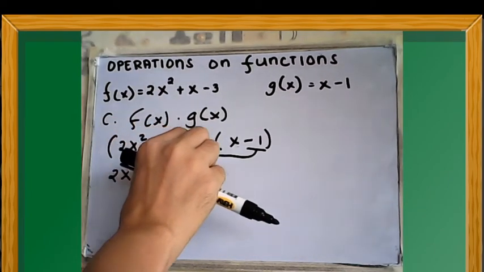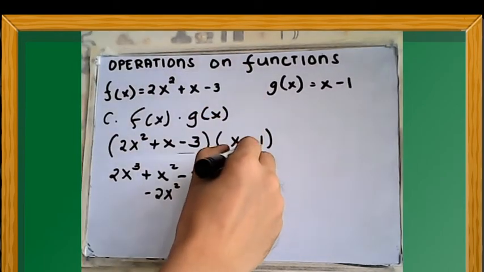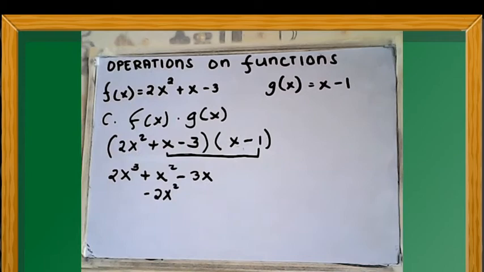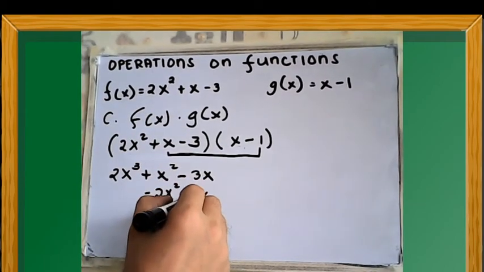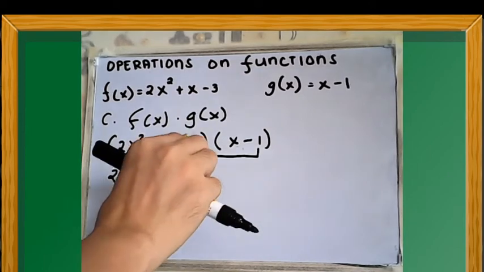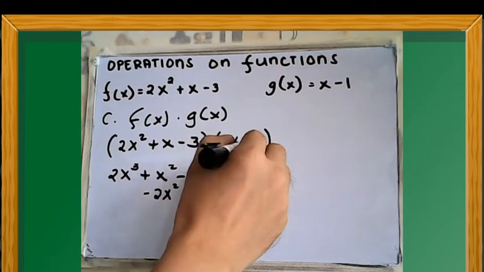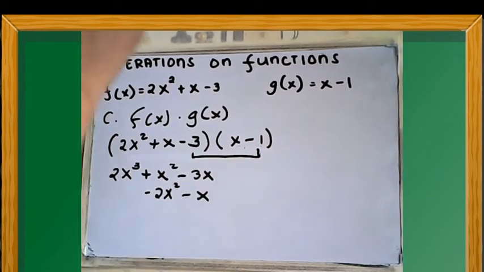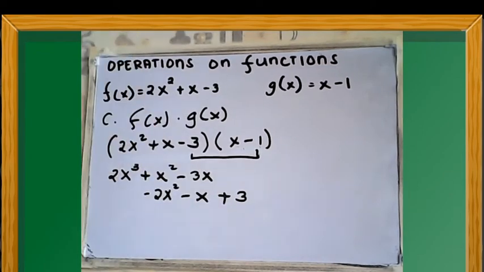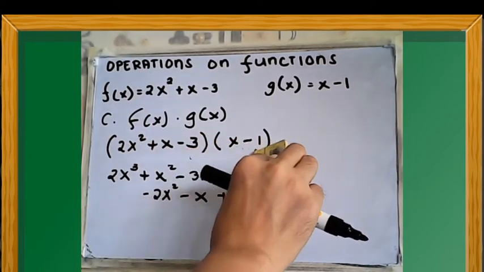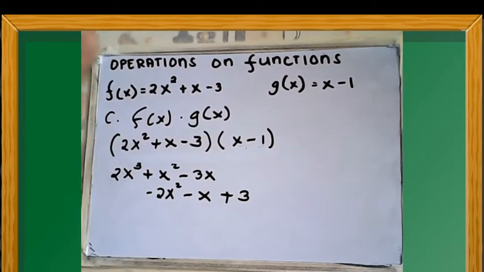Next, negative 1 multiplied by x. So that is negative x. And then negative 1 multiplied by negative 3. So that is positive 3. So na-distribute na natin yung x sa lahat ng terms at yung negative 1 sa lahat ng terms.